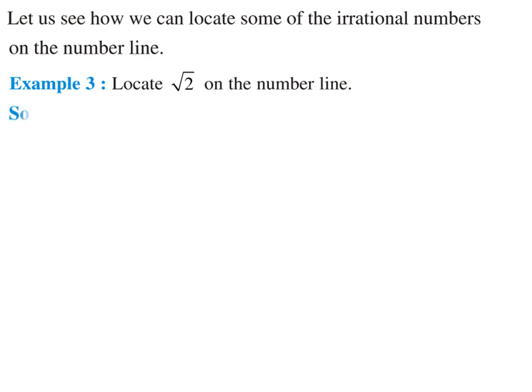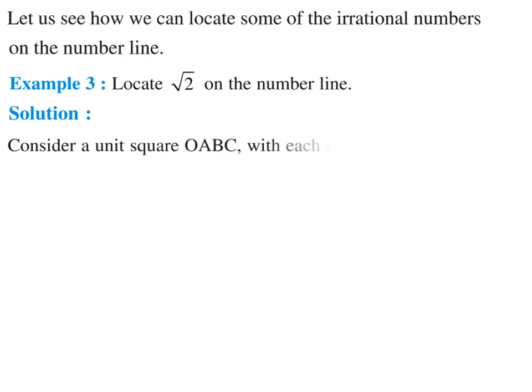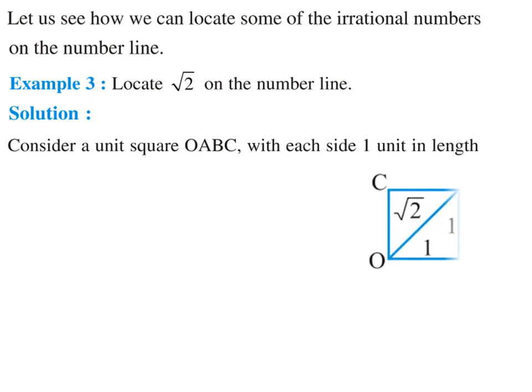For this solution, we have to consider a unit square OABC with each side 1 unit in length. Like this, I am drawing one square OABC with each side, OA, AB, BC and OC, having length 1 unit.